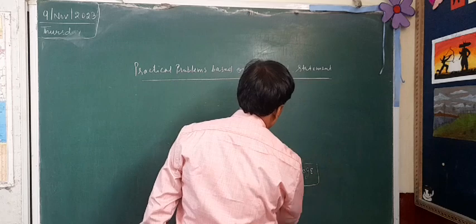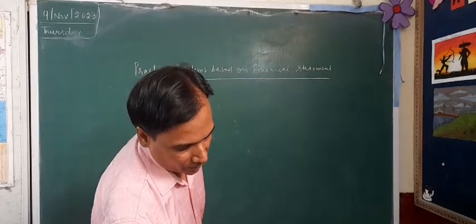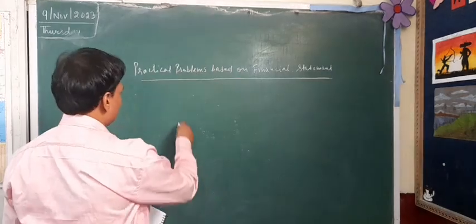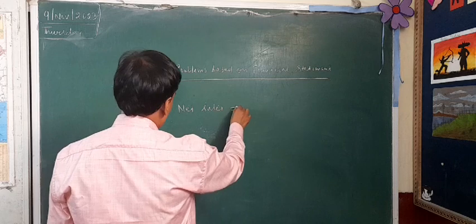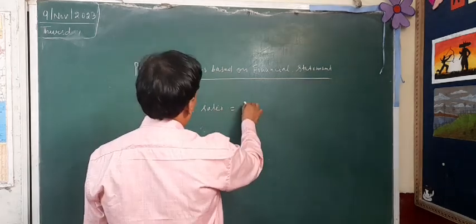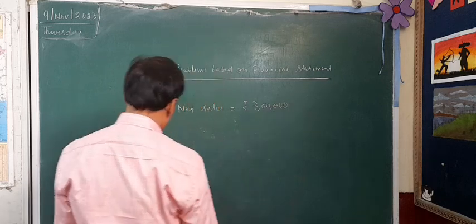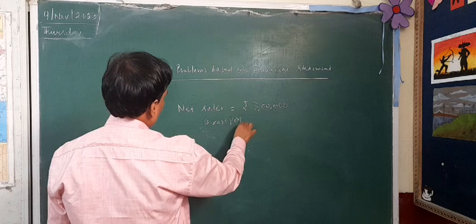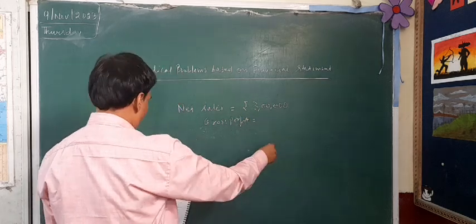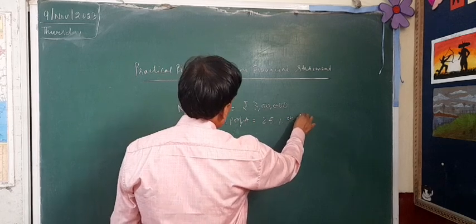See, I have a question. Net sale is 3 lakh rupees, and gross profit equals 25% on sales.